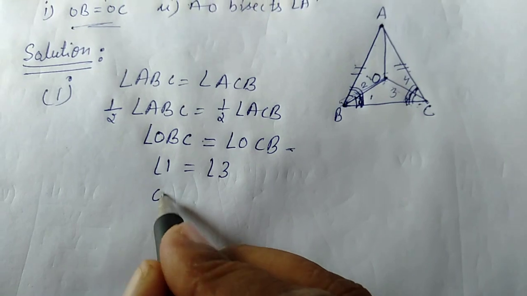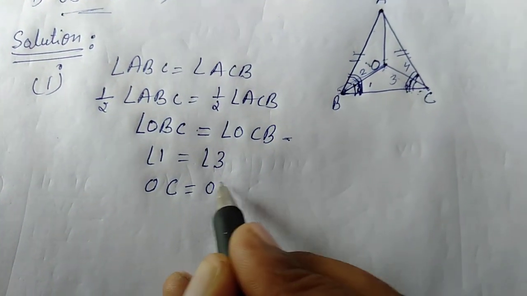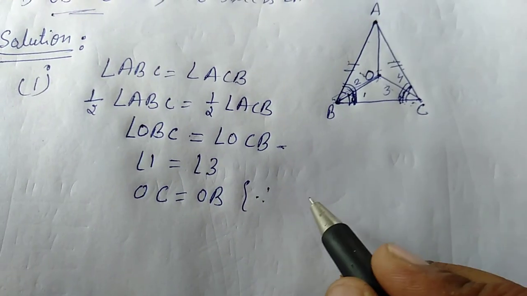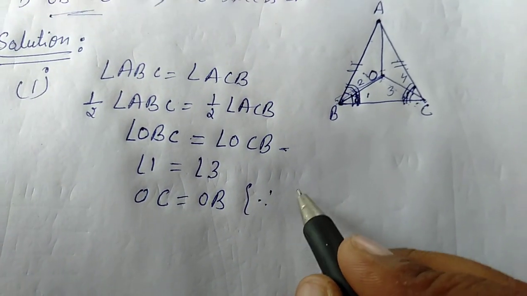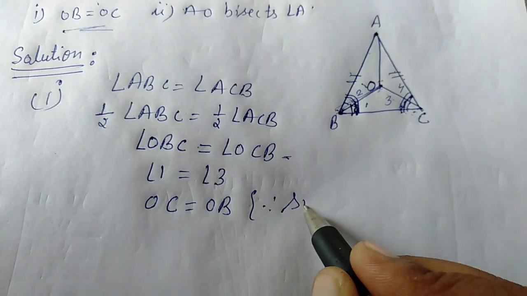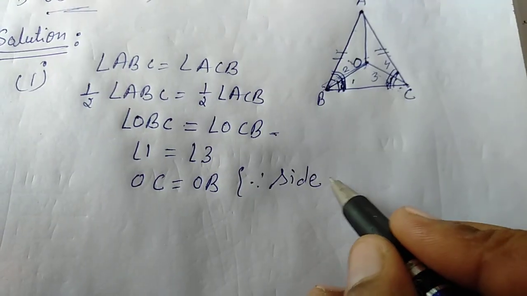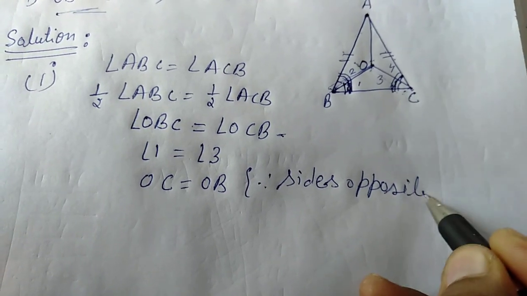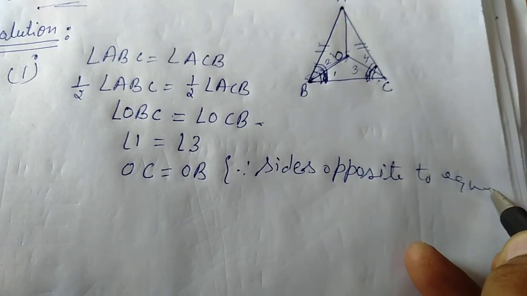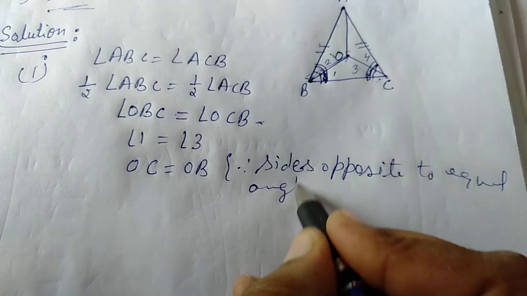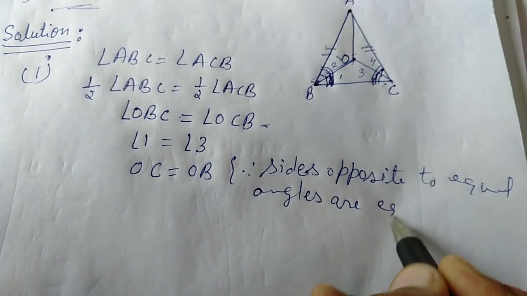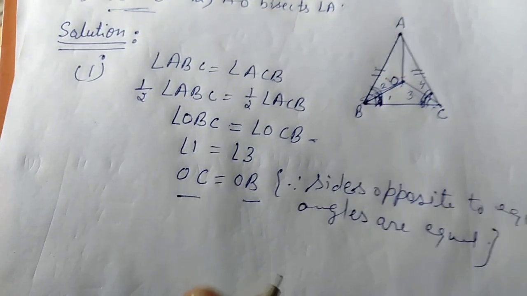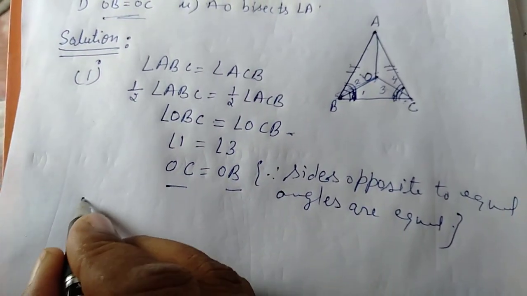So we can write here OC equal to OB, because you know that the sides opposite to equal angles are equal. So here we showed that OB equal to OC. Hence proved first part.